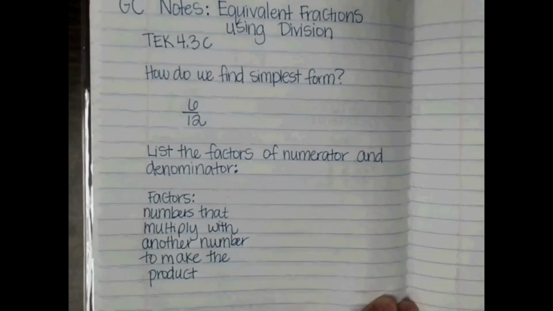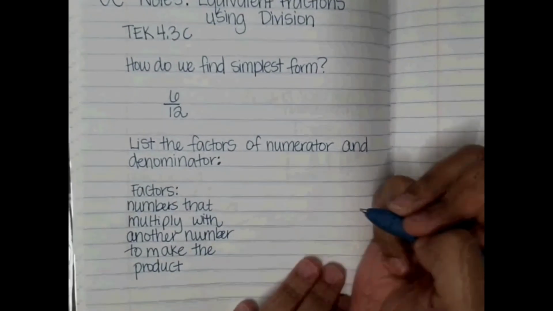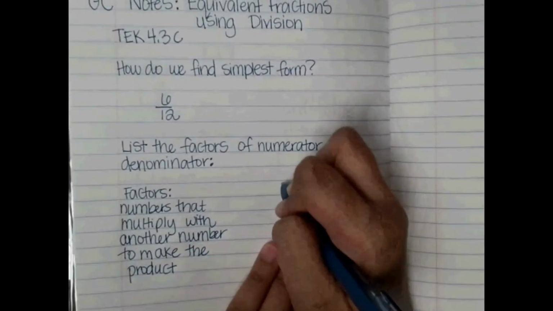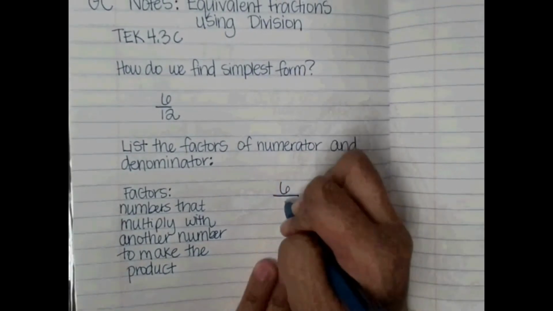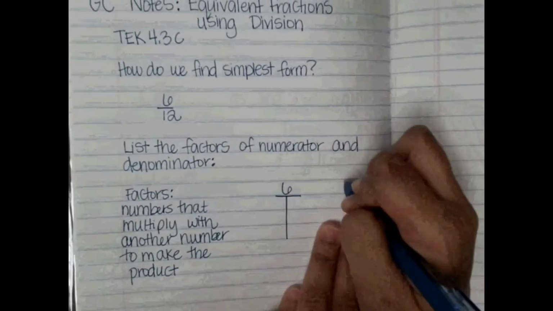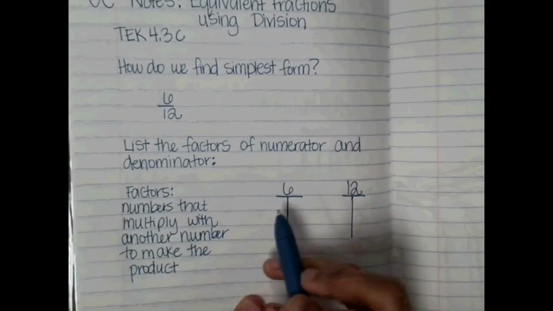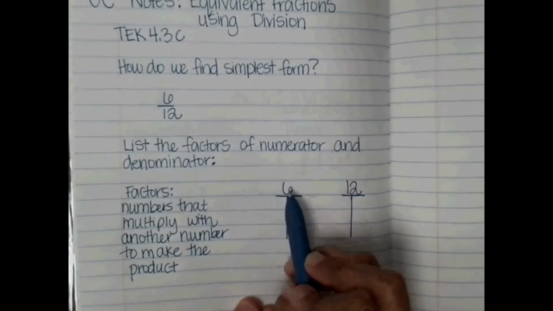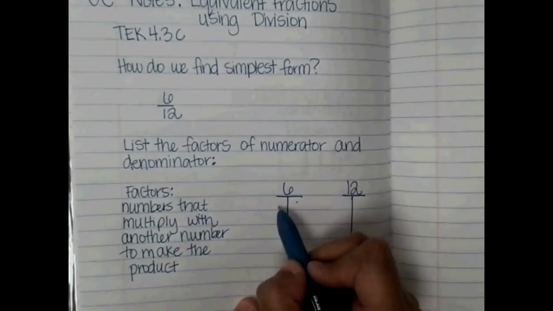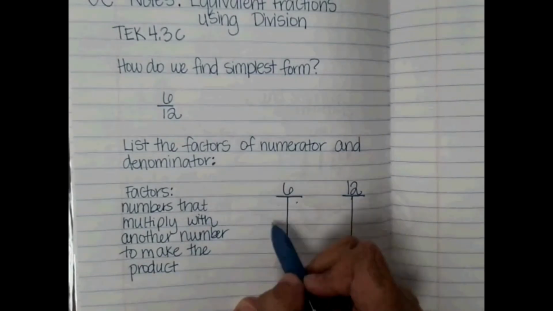And so, if you remember when you were making arrays, this is how you found the factors. You made a T-chart. And you found numbers that when this multiplies with this, it makes that. So I always start with 1 and then work my way up to 6.